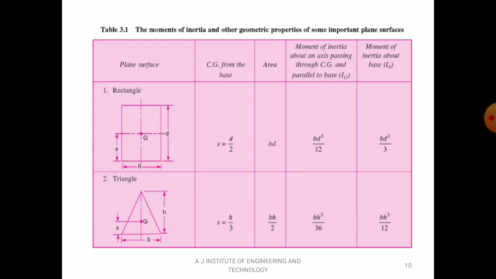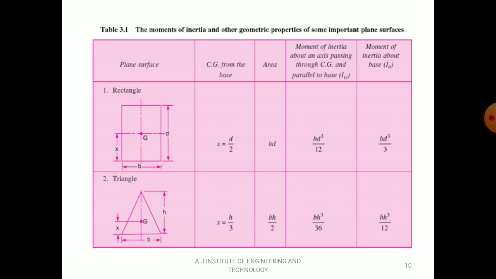So the moment of inertia and other geometric properties of some important plane surfaces. You have to remember this. Plane surface, first one is rectangle. Depth is D and width is B, and G is the center of gravity that is at a distance X, or you can replace with H bar, from the base.